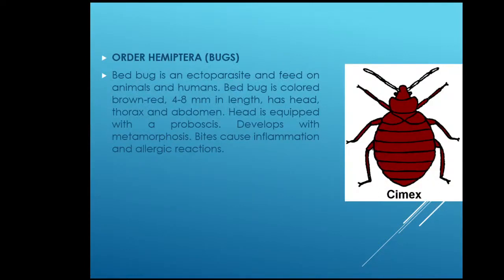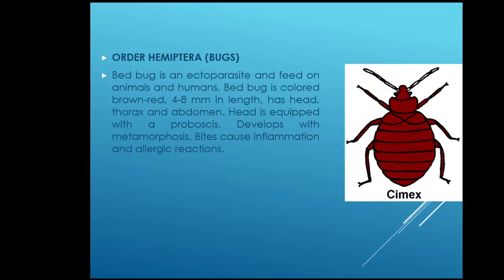The next order is order Hemiptera. These are bugs. Most bugs are parasites of animals, plants and people. The bed bug is a temporary human parasite, and each feeds on the blood of animals and people.